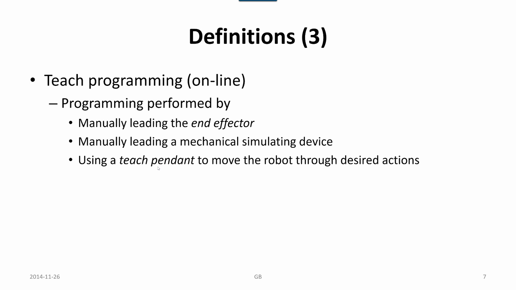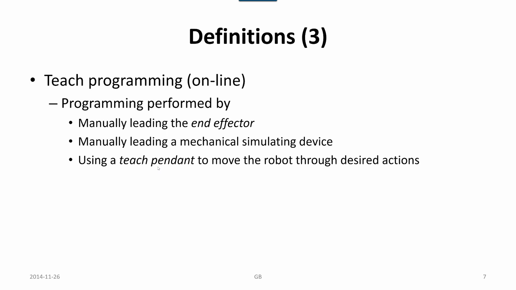And there are systems which incorporate the ability to do some fine-tuning or touch-up of orientations, poses, and so forth by dragging and leading the robot and touching up what is actually programmed beforehand.